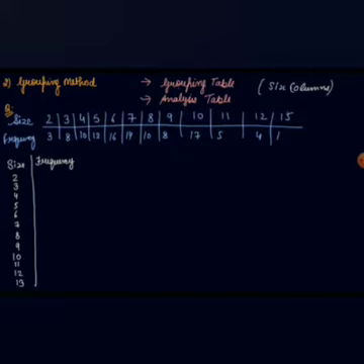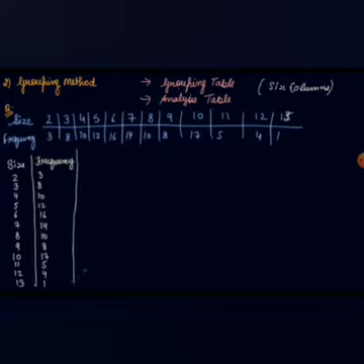Then frequency is 3, 8, 10, 12, 16, 14, 10, 8, 17, 5, 4 and 1.